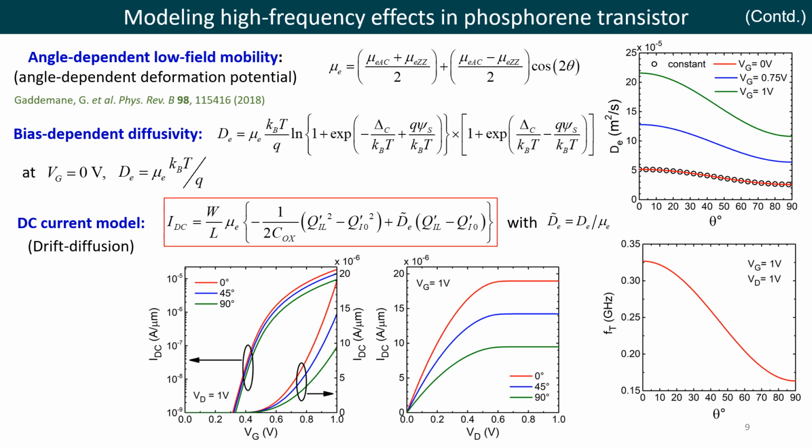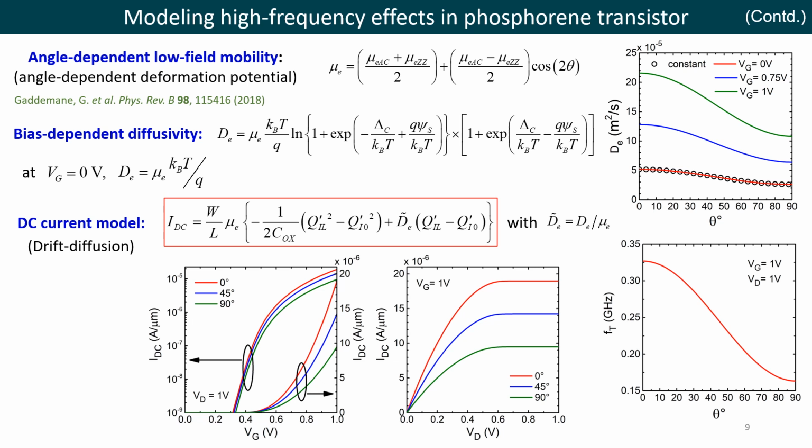Therefore, as is obvious, all the relevant electrical quantities like the diffusivity, drain current, conductance, etc. become theta dependent. On the other hand, since we have explicitly used the Fermi-Dirac statistics in our calculation, we have also introduced the bias dependent character of electron diffusivity in order to ensure the zero drain current at zero drain bias voltages.